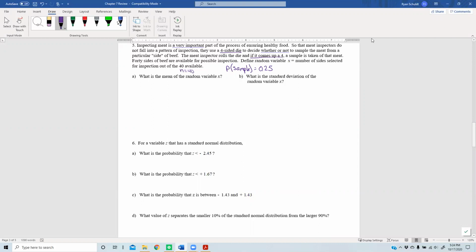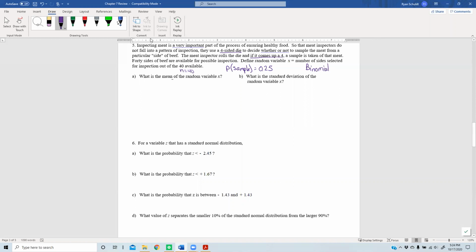This is a binomial distribution. There's a fixed number of trials, 40. They all have the same probability, 0.25. They're all independent because he's not changing the die, it's the same die each time. This fits a binomial distribution.